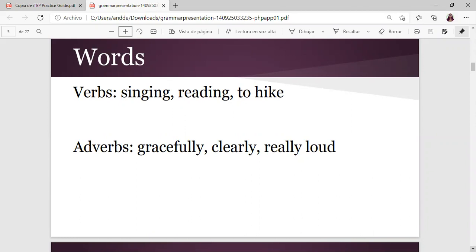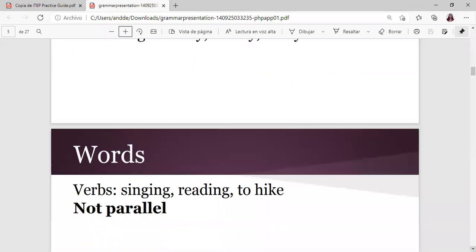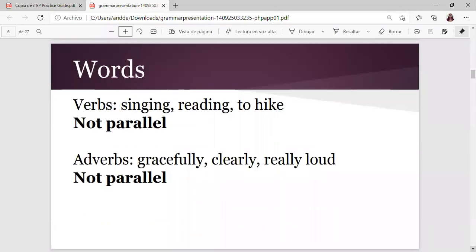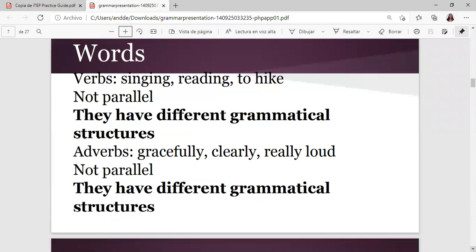Here you can see the disagreement. There you go. Sing, reading, to hike is not parallel. Graceful, clearly, and really loud is not parallel. It is because the verbs singing, reading, and to hike have different grammatical structures.